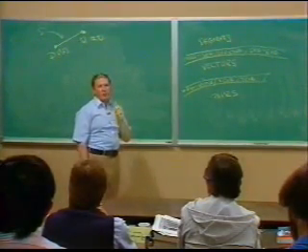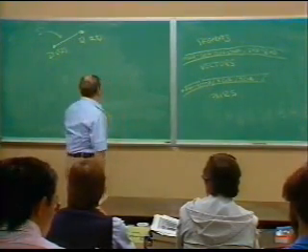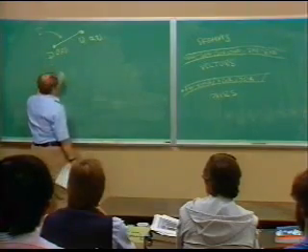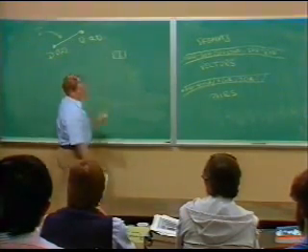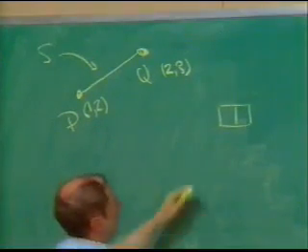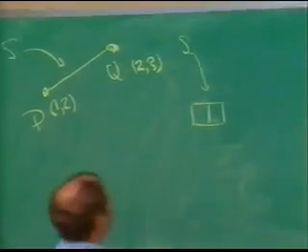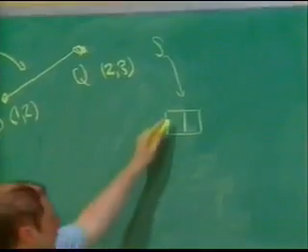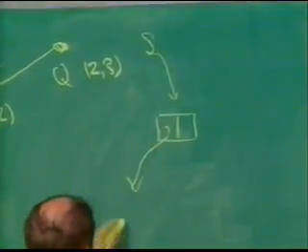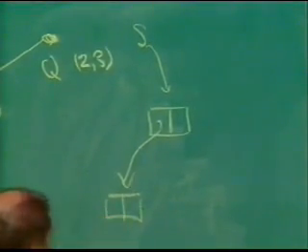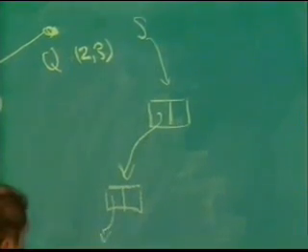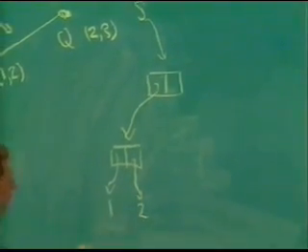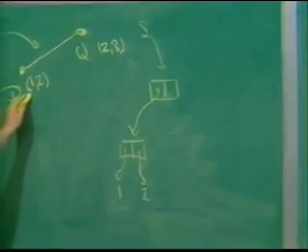And if I were going to draw the box and pointers structure for that, I would say, given those particular representations that I showed you, this segment S is a pair, and the first thing in the pair is a vector, and the vector is a pair of numbers. And that's this, that's P.